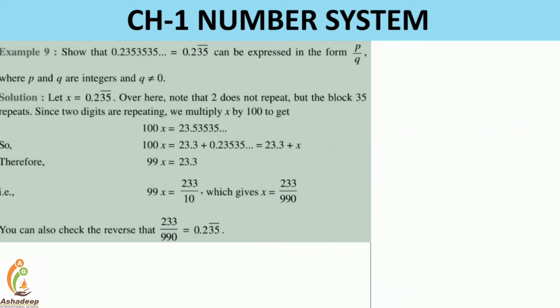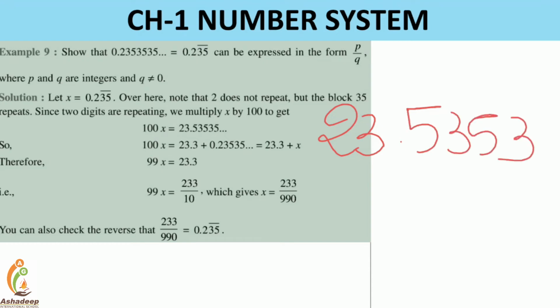See, if you don't get that subtraction, let me do it once again. Say it's 23.5353 and on and on, and 0.23535 on and on.